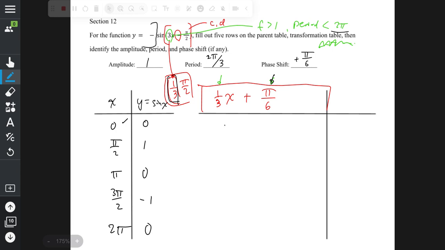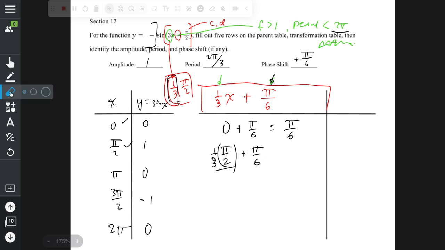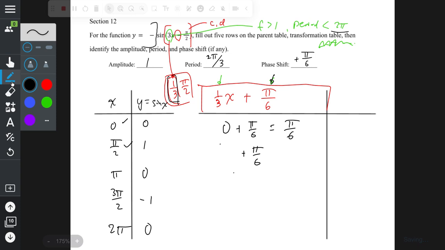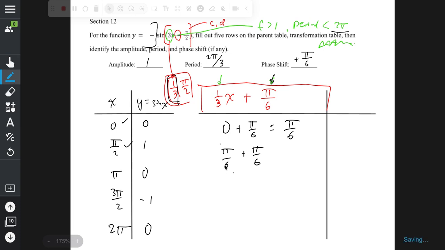Well, that's clearly just 0 plus pi over 6, which is just pi over 6. 1/3 times this plus pi over 6. Well, this is pi over 6. So that's 1 pi over 6, 2 pi over 6. I'm just going to leave this as 6ths.